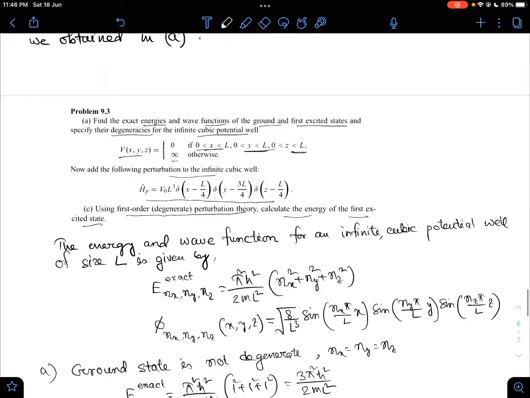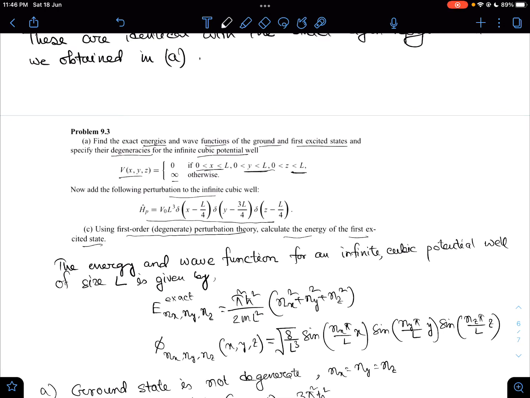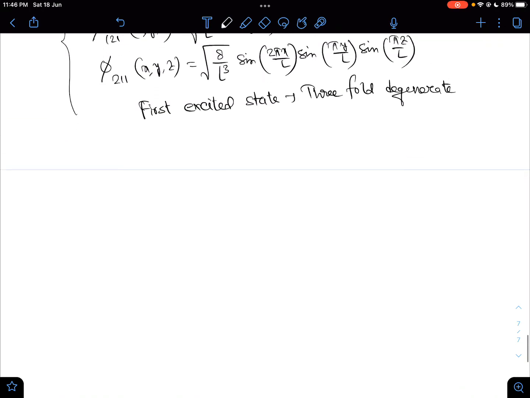And now we have to use first order perturbation theory to calculate the energy of the first excited state. So let us proceed. To calculate the energy of the first excited state to the first order, we need to use degenerate perturbation theory, because this first excited state is threefold degenerate.